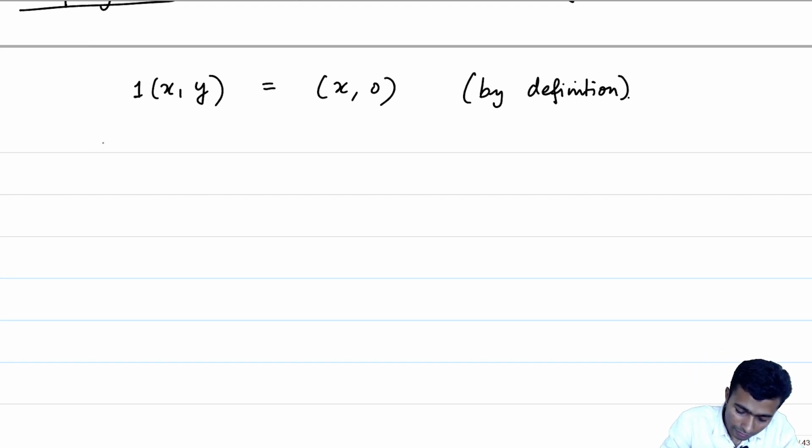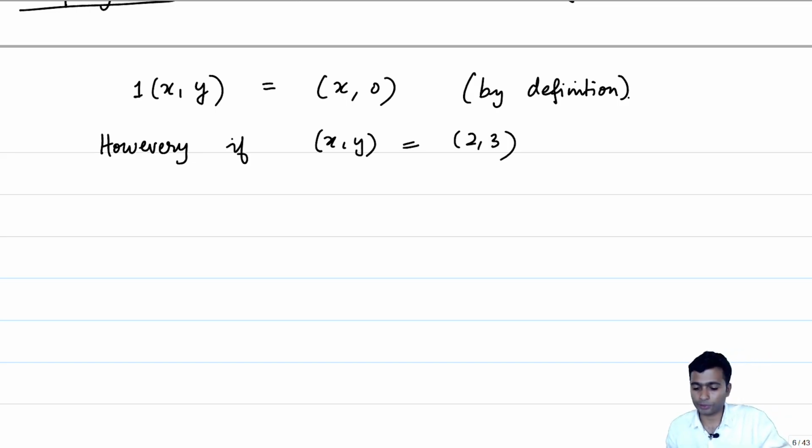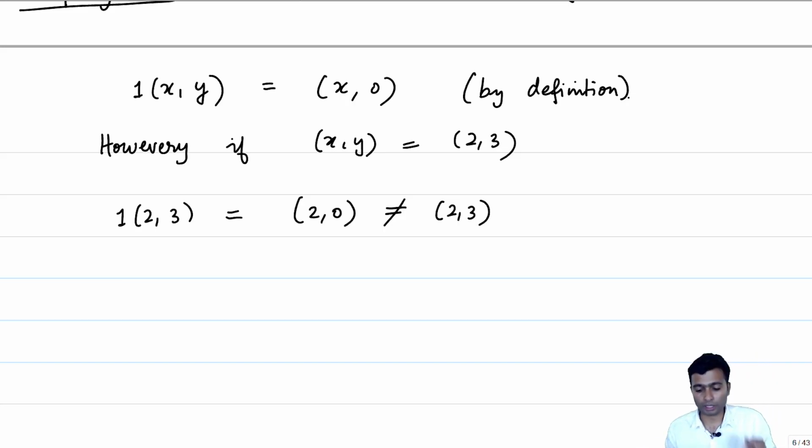However, if say (x, y) is the vector (2, 3), let's say 3 is not equal to 0, right? So 1 times (2, 3) here by definition is equal to (2, 0), which is not equal to (2, 3). We should have got (2, 3) if property 5 is to be satisfied.